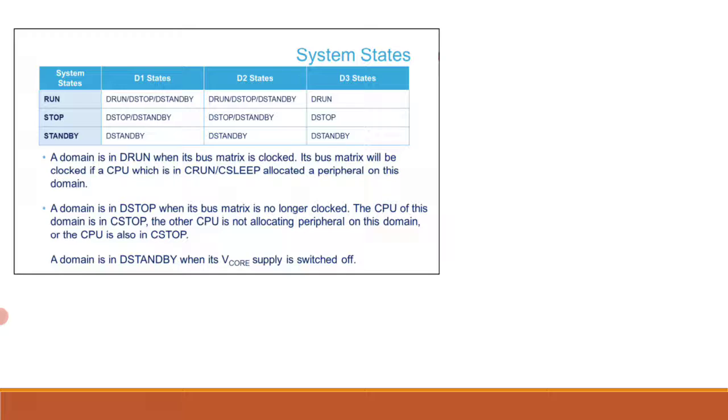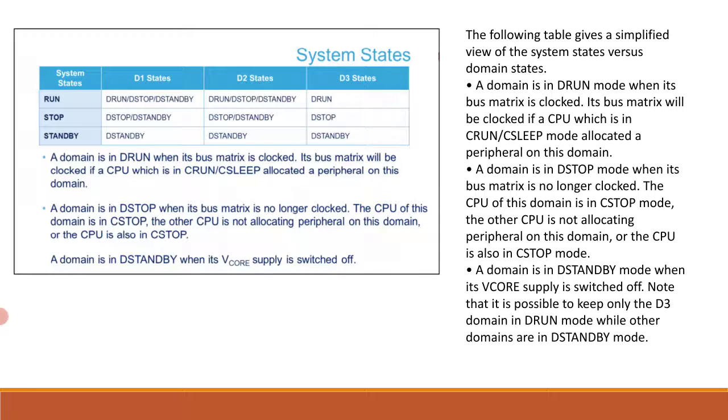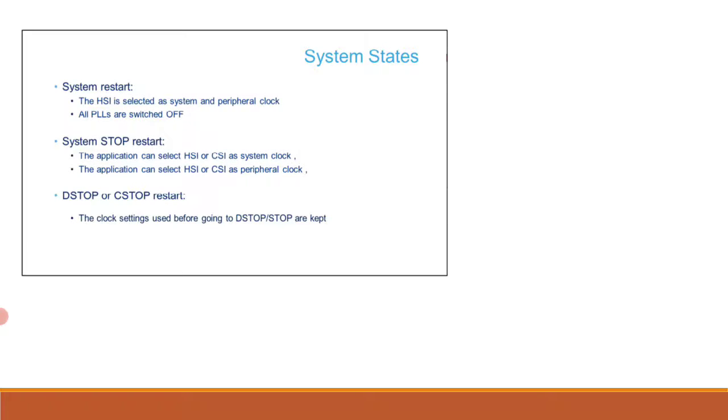Note that when the system restarts, for example after a system reset, the HSI is selected as the system and peripheral clock. The CSI, HSI48 and HSE are off, as well as the PLLs. The LSI is still working if it was previously enabled. After system stop, the PLLs are switched off.